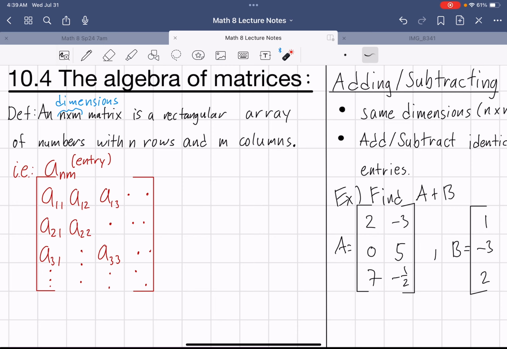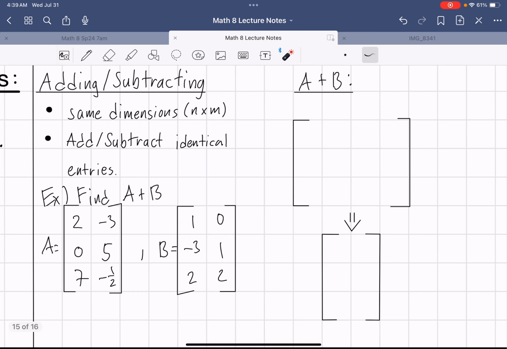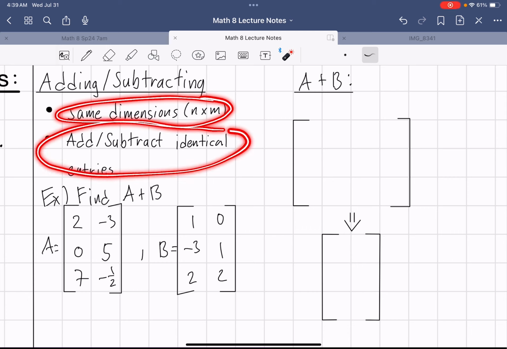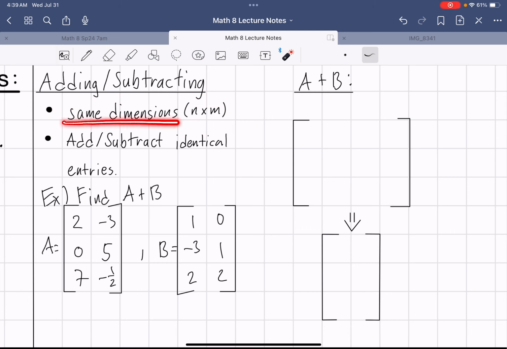But some of this first type of operations are pretty straightforward, right? Really nice in my opinion. Now, to be able to add or subtract matrices, you really need to have this first one. So this is what you need, and this is how it's done. What we need is to have the same dimensions.